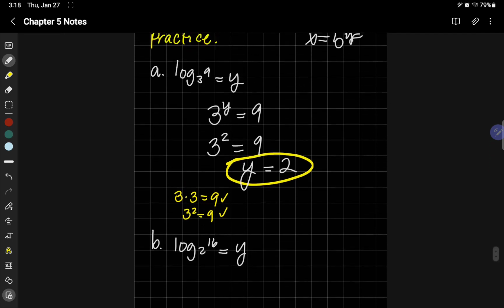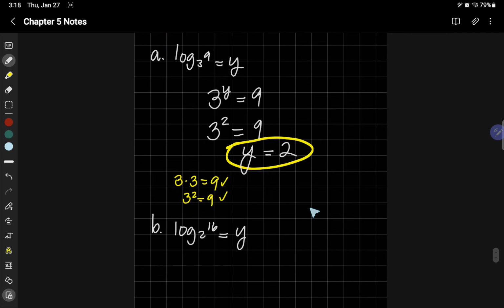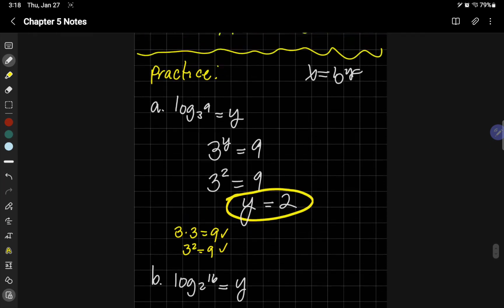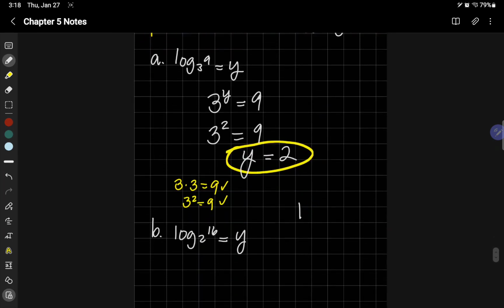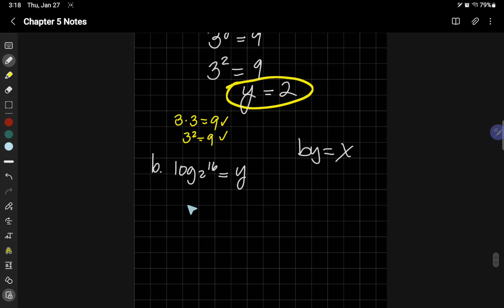Okay. We're going to always look at this equation. Log base 2 of 16. So it's going to be the base, which is going to be 2. y equals 16.